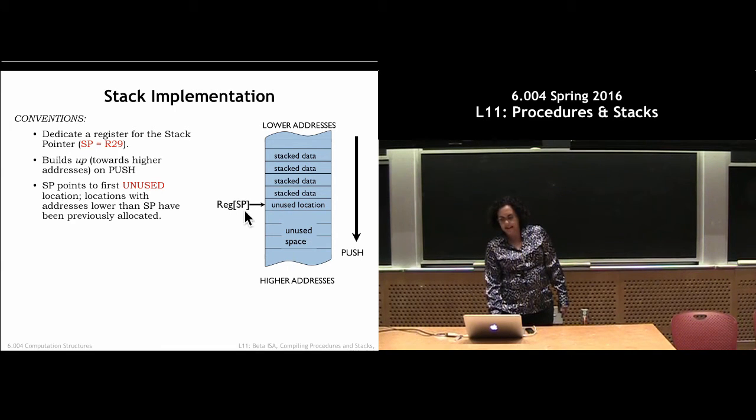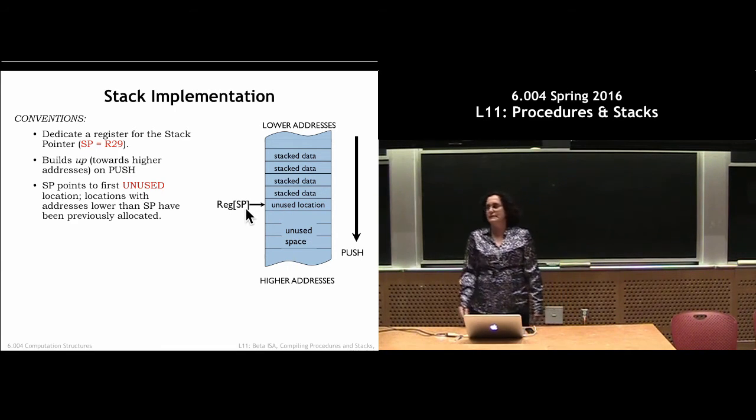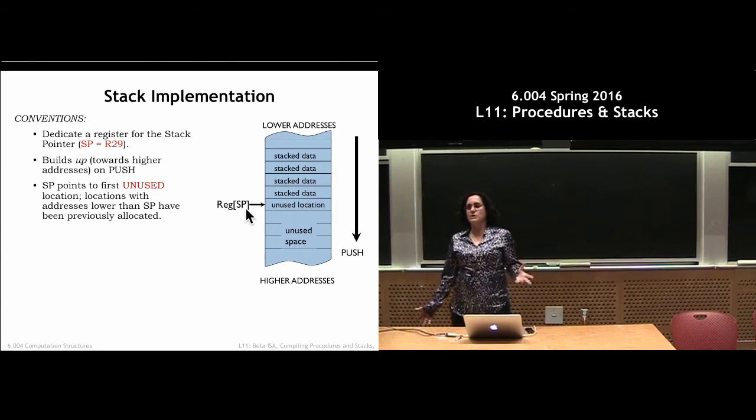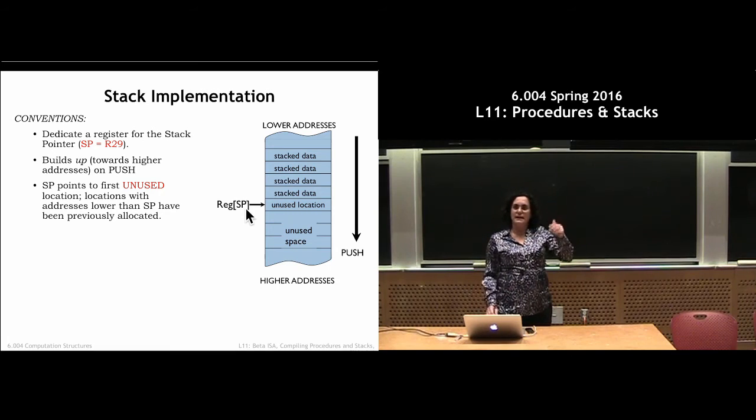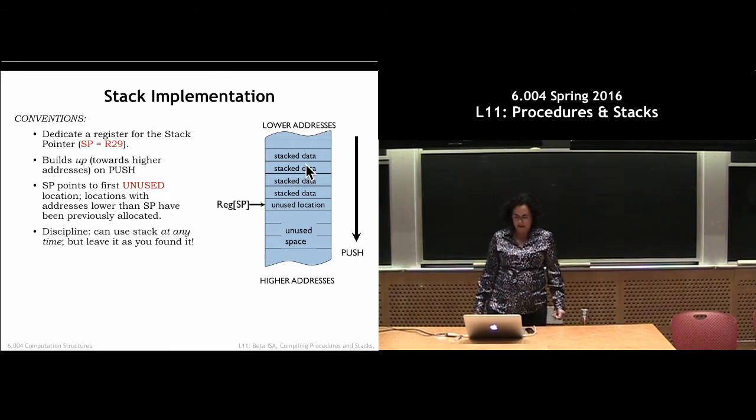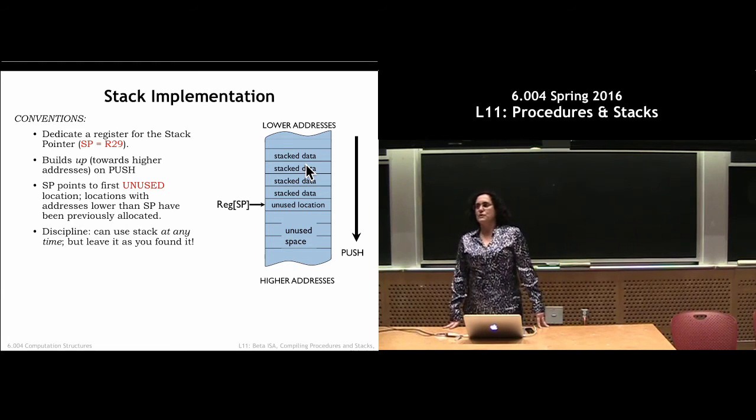So if, let's say, my stack pointer is currently address 0x104, then it means that everything below that address has already had some value put into it on the stack. So the great thing about stacks is that we can really use it whenever we want.